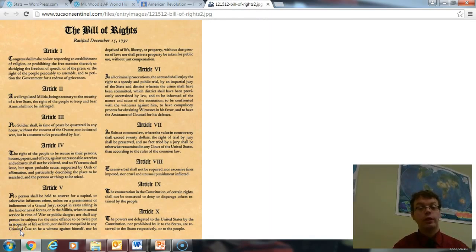All right, Bill of Rights, I'd kind of mentioned this. The Bill of Rights are the first 10 amendments of the U.S. Constitution. These are written after the American Revolution, and these are basically 10 rights that you have that the government cannot take away or infringe upon, like freedom of speech and freedom of religion, which are listed in there.